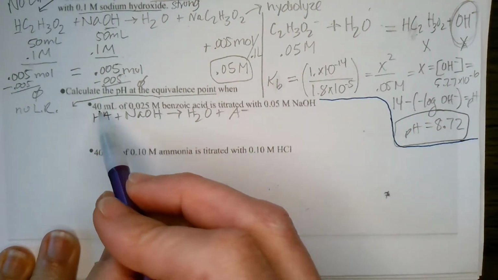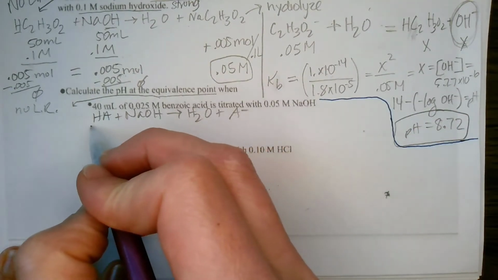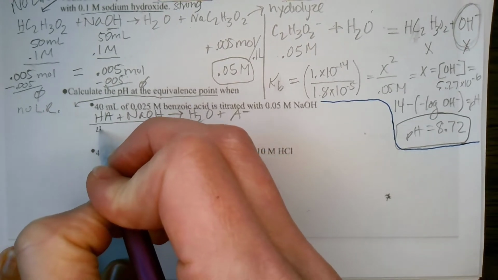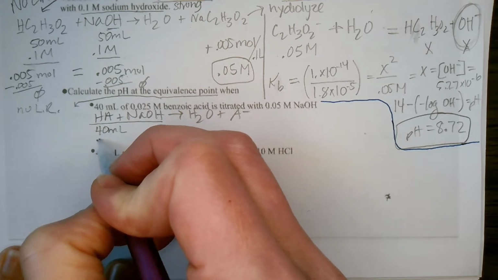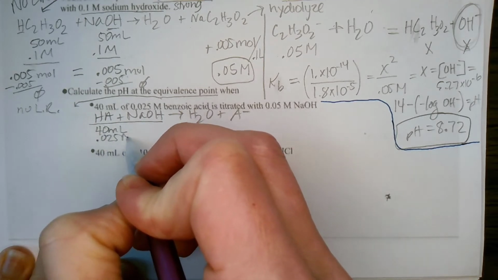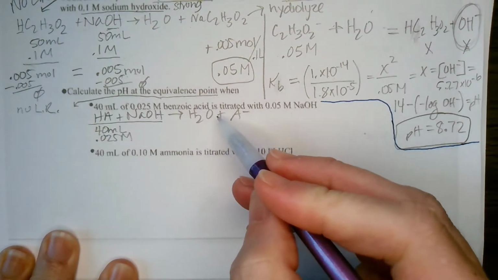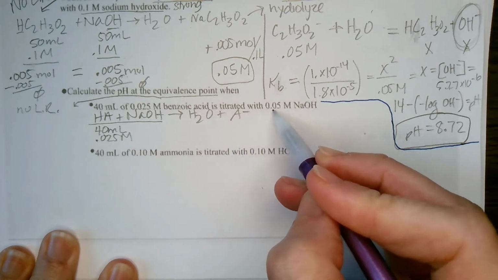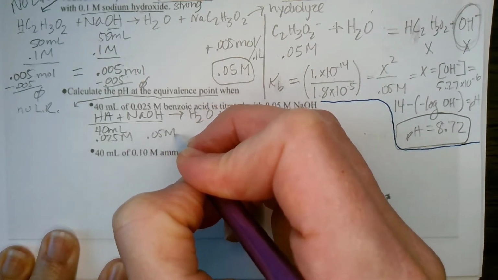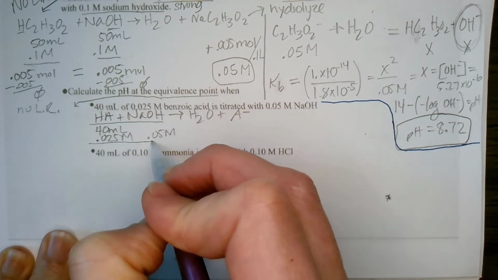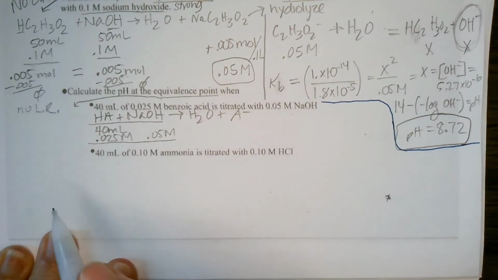All right, so we're told that we have 40 milliliters of benzoic acid that is 0.025 molar. And then I'm told that I have 0.05 molar of NaOH. Okay, let's figure out how many moles I have of my acid.